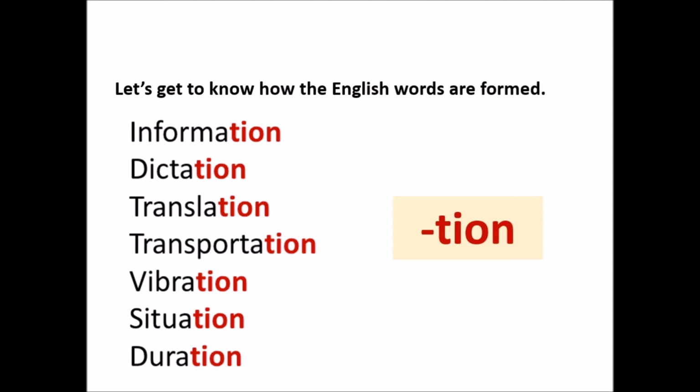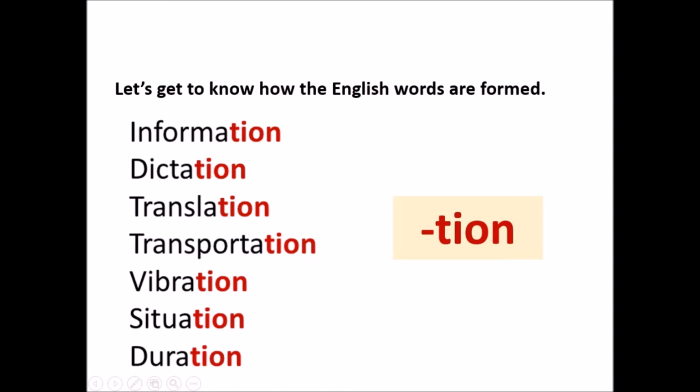Situate, situation. Due, duration. We have added a few letters at the end of a root word, inform. Inform is the root word. We have added a few letters, making some changes in the spelling.